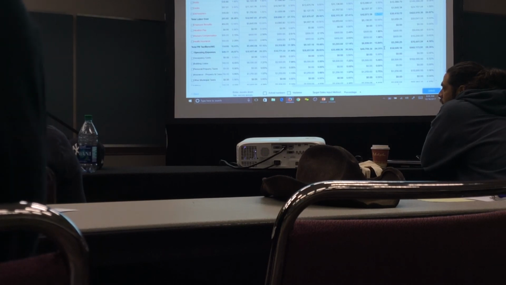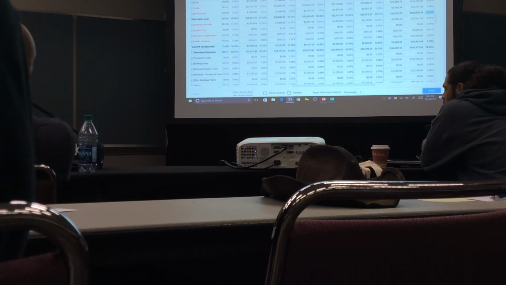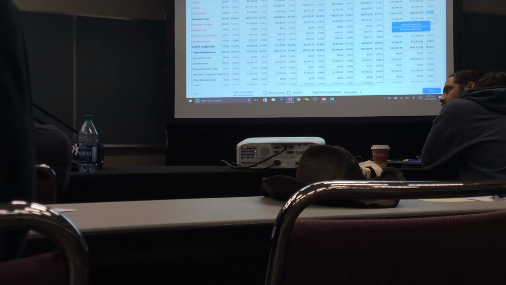My labor cost drops. So I have to have a 12-month budget, because I may have a 26.9% labor cost for the year, but each month ranges from 25 to 27%. That's the number I'm going to use for my managers that specific month.